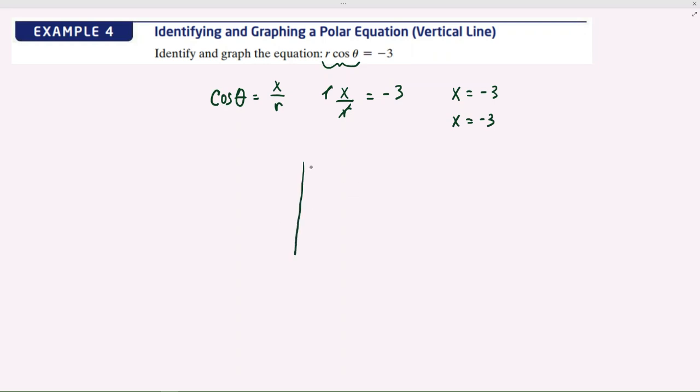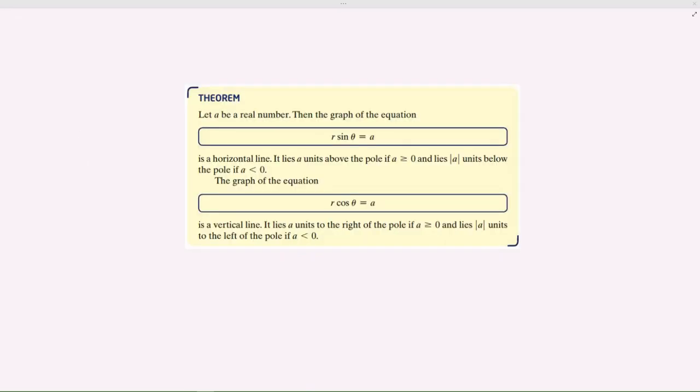So of course we've got a vertical line running through the coordinate -3 on the x-axis. Okay, so we can generalize what we looked at here.